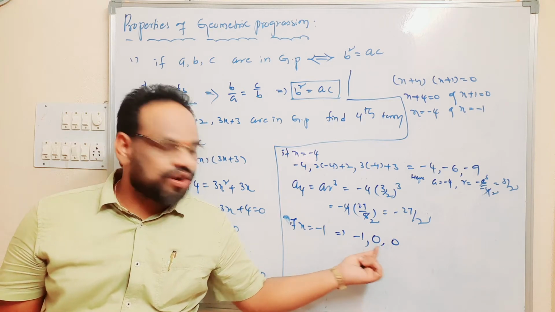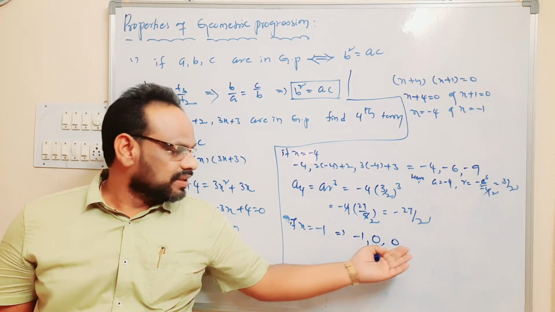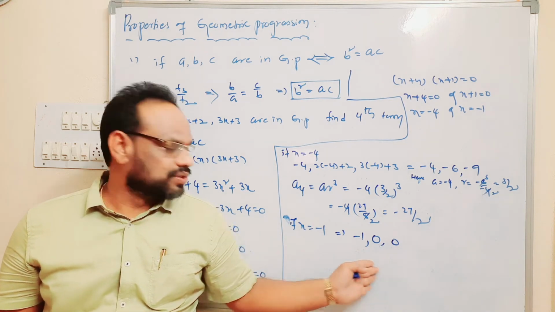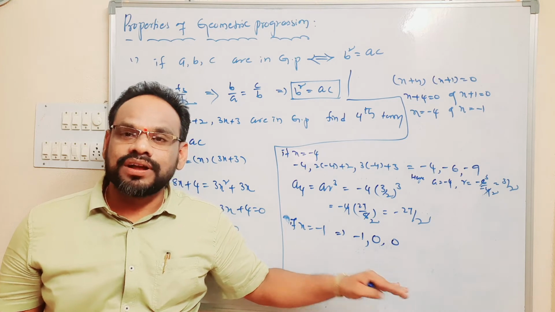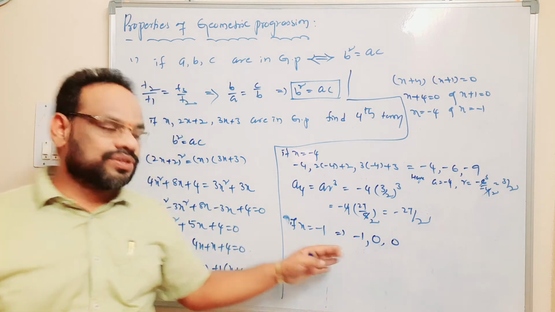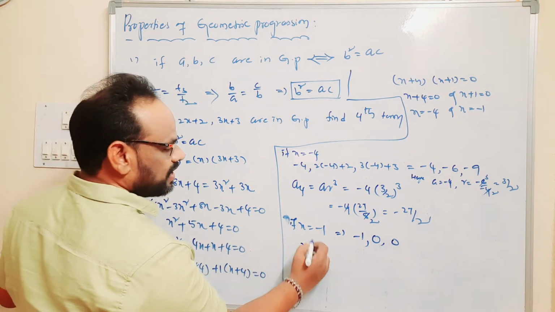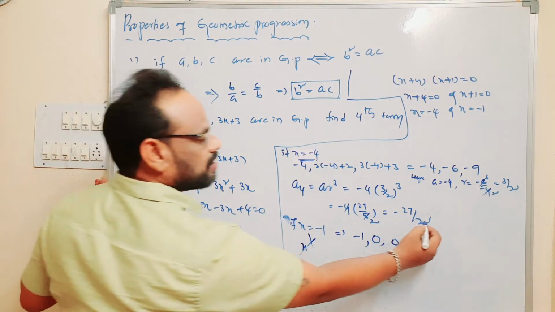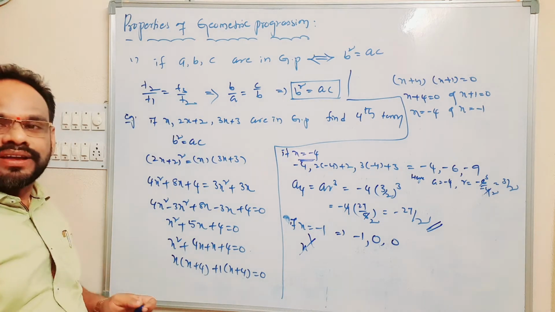T2 by T1 is 0 by minus 1, which is 0, and T3 by T2 is 0 by 0, which does not exist. So minus 1, 0 and 0 are not in geometric progression. So x can't be minus 1. So x is equal to minus 4. Therefore, the fourth term is minus 27 by 2.